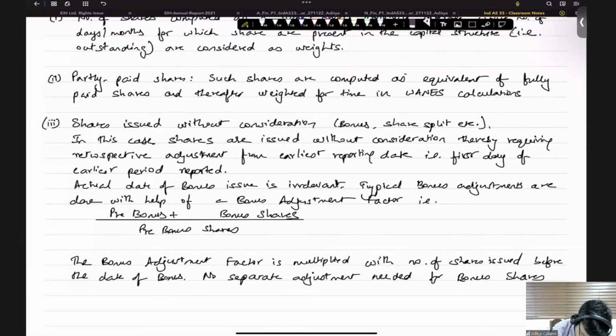Yeah, earlier was correct. It's just bonus, okay? Don't make it post bonus. Okay, this is correct. Pre-bonus plus bonus shares divided by pre-bonus.